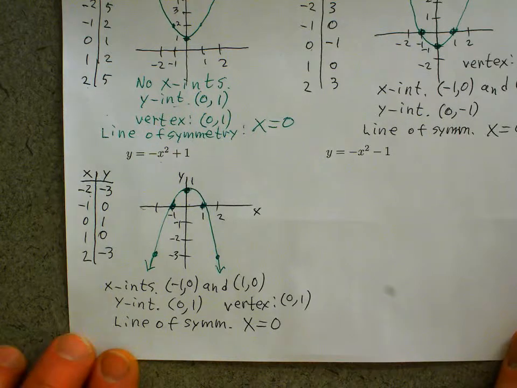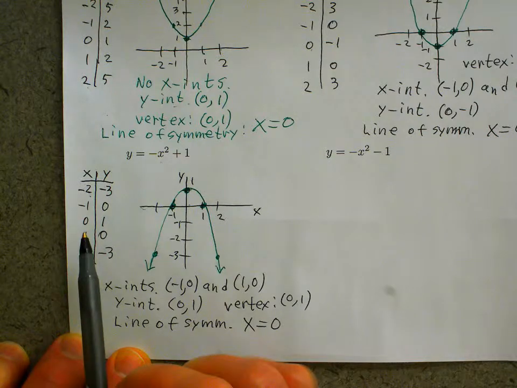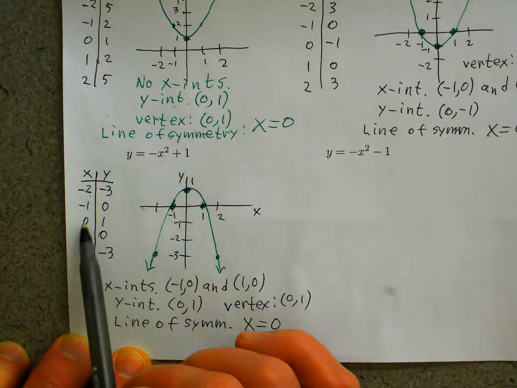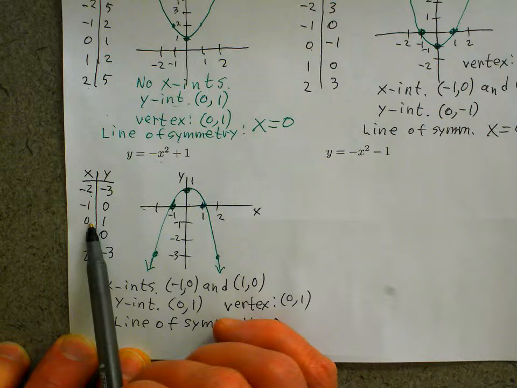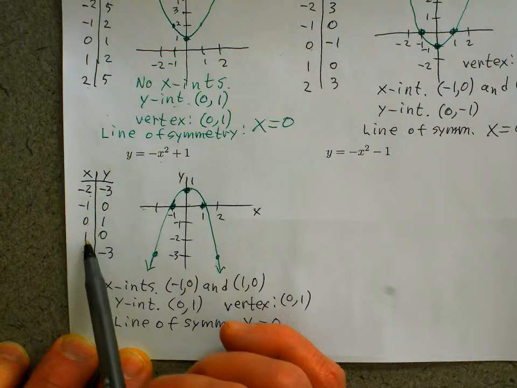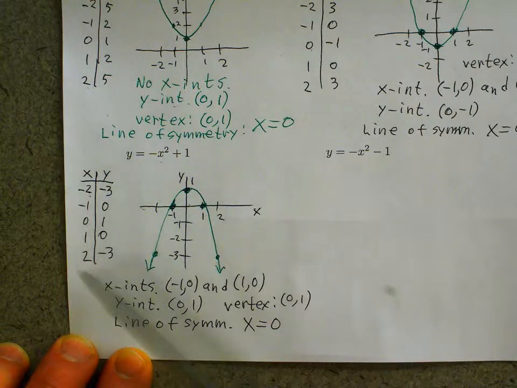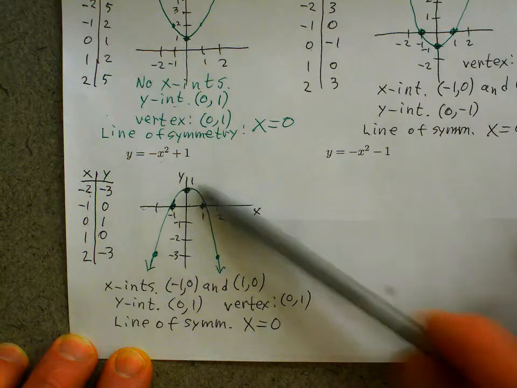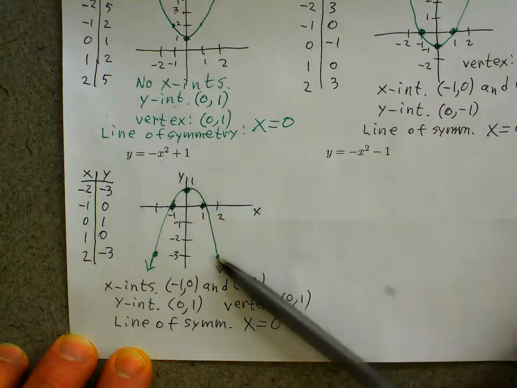We'll get to more complicated examples, but in general, my strategy is usually to pick 5 x values so that the middle x value is the x coordinate of the vertex. And then I have 2 numbers smaller than that x coordinate and 2 numbers bigger than that x coordinate. If I pick my 5 x coordinates that way, then I'll be where the action is, that is where the vertex is and the points surrounding it.